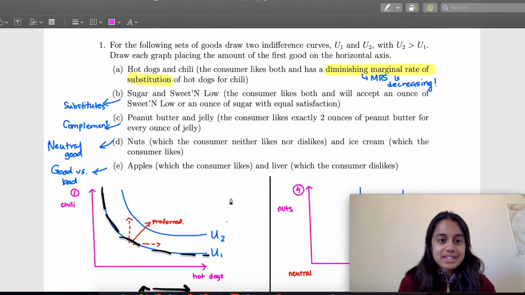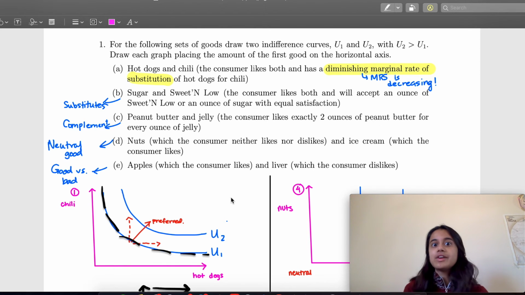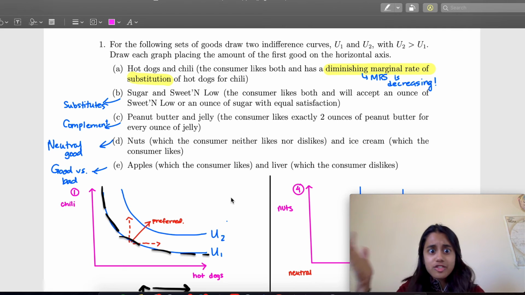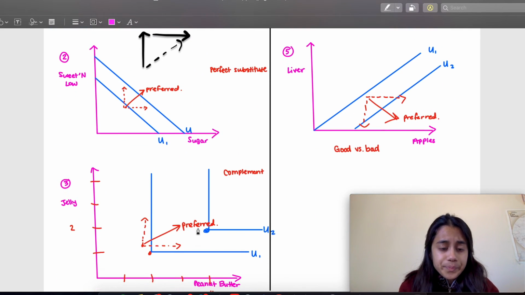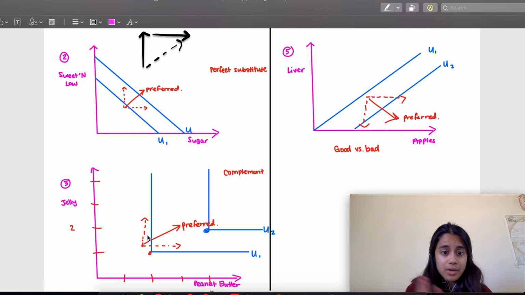Okay, so part 3, it says peanut butter and jelly. Whenever I think of that, I think of complements. They go together, like left shoe, right shoe. So this is what our complement graph looks like. And the preferred direction is the same, at the same angle as the other ones.